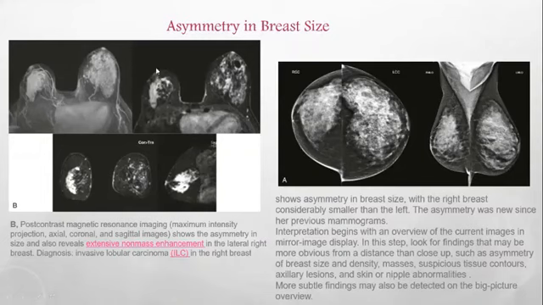Biopsy revealed invasive lobular carcinoma, and when comparing the mammogram with the earlier one, this asymmetry was not there. So not always does cancer result in enlargement of the breast; it can also result in contraction of the breast, making it smaller.